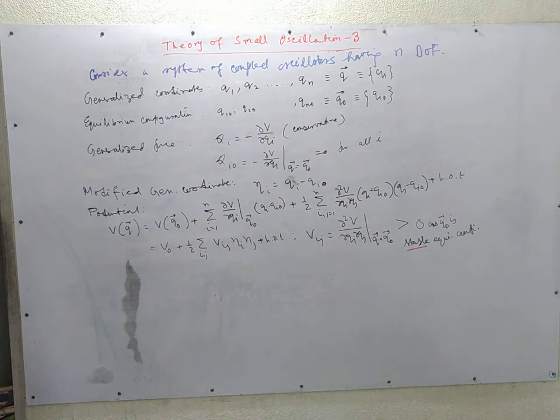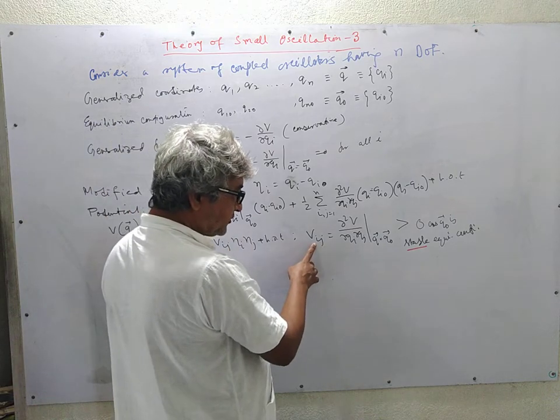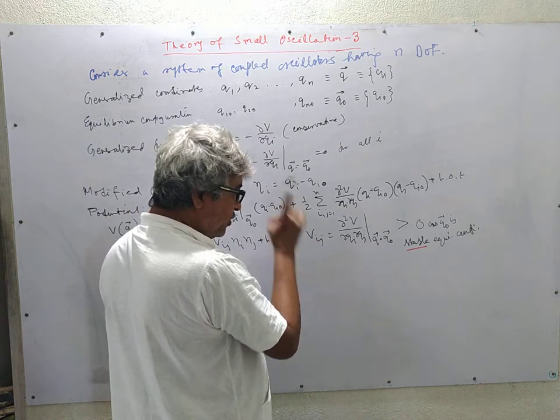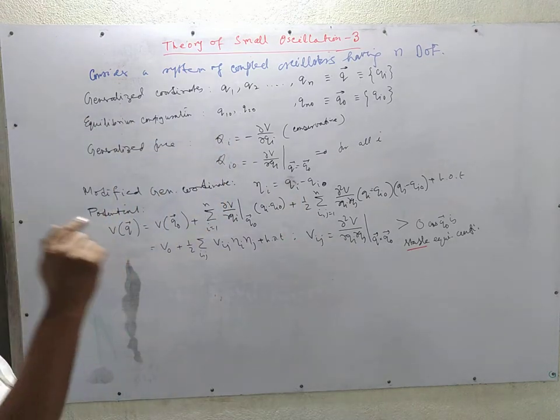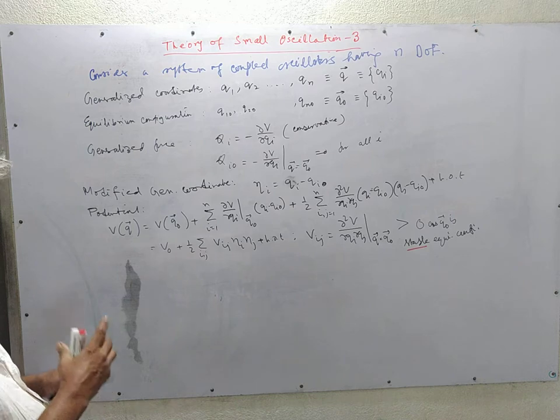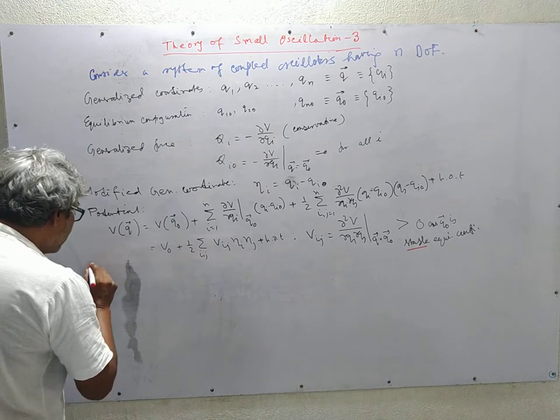Furthermore, here i and j both run from 1 to n, so we may assume Vij to be the elements of a matrix V, the potential matrix.